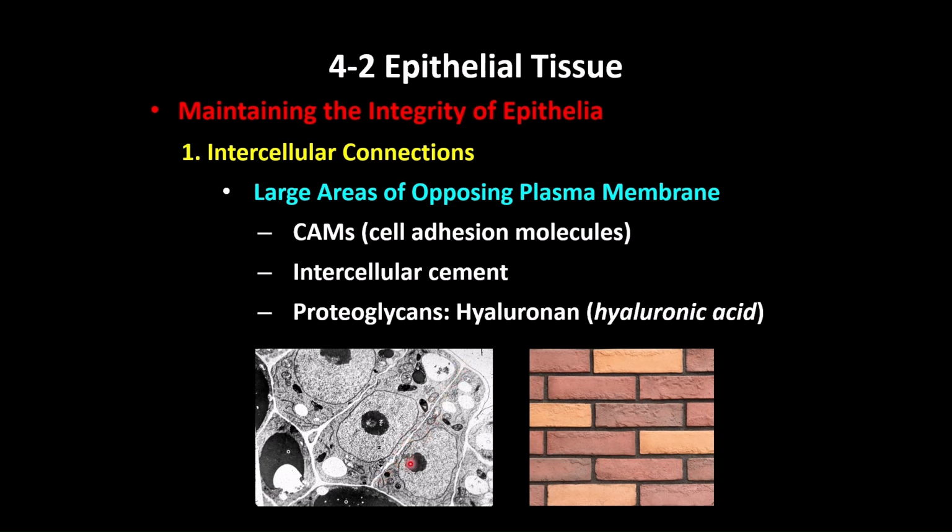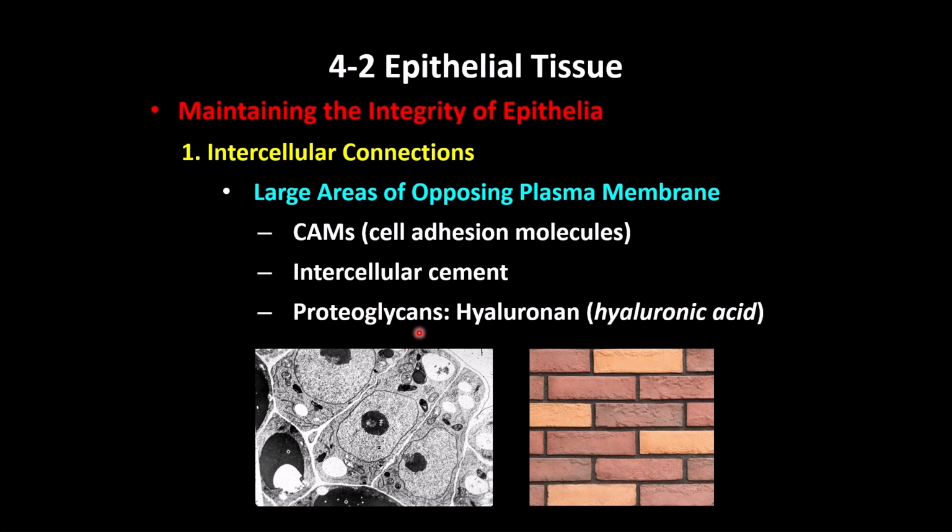How are they attached to each other? By these three things. This is a cell adhesion molecule, which is a protein, like a transmembrane protein. I will show it to you later. Then there is intercellular cement, which is around here, and it is also made of proteoglycans.